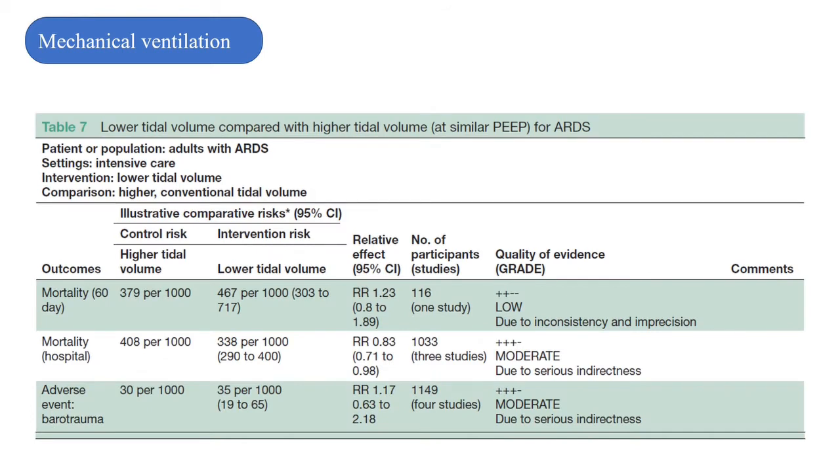The use of low tidal volume, which is represented by 6 milliliters per kg of ideal body weight, is considered one of the few interventions that proved a significant improvement in survival in ARDS. Despite the 60-day mortality revealing no significant changes, the in-hospital mortality was improved significantly, with about a 20% reduction with the use of 6 milliliters per kg body weight.